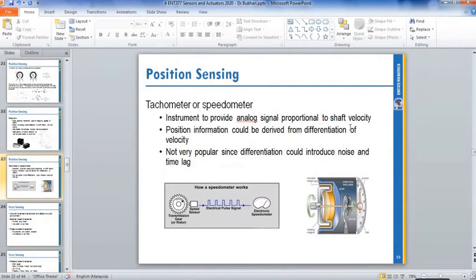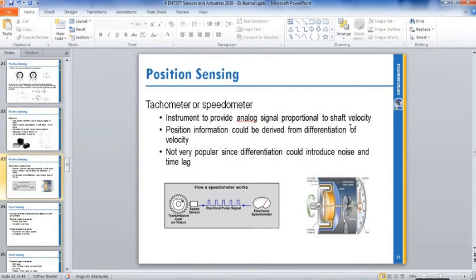If you can remember, say your robot moves 1 meter. 1 meter means distance, position. If you say 1 meter per second, that one is velocity.